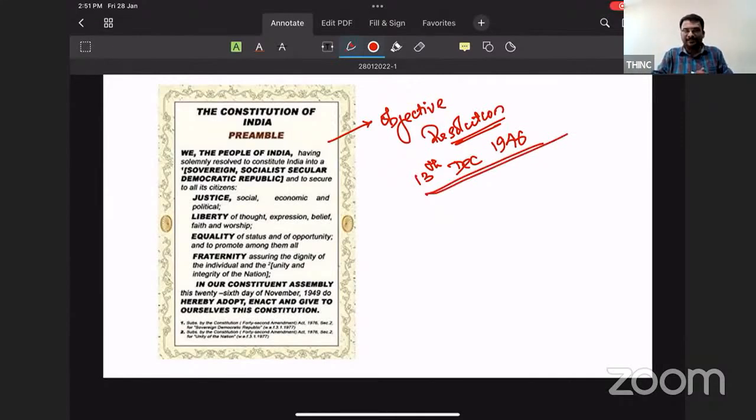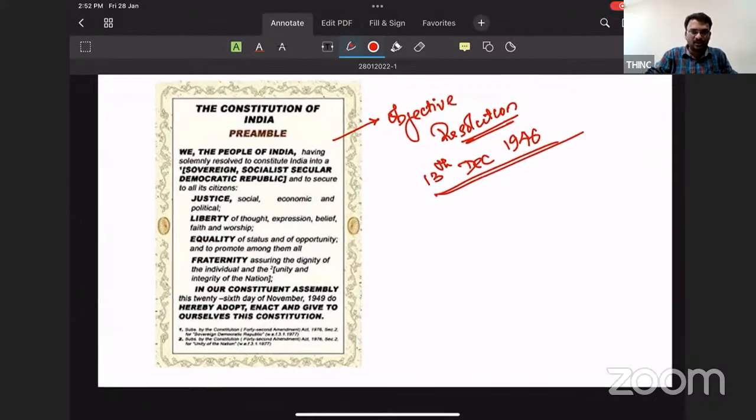Pandit Jawaharlal Nehru, the first Prime Minister of India, presented it, because the objective resolution acts as the aim of constitution making. So our nation's aim was presented in the objective resolution.